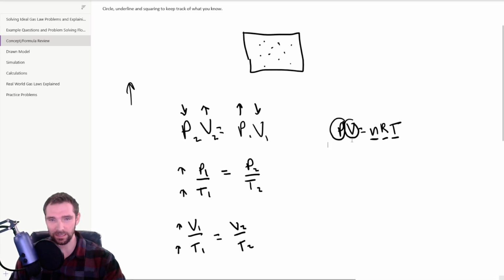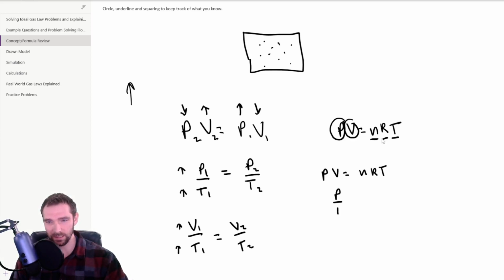We're saying, okay, if this changes, how's that going to change, keeping everything else constant? And you could rearrange PV equals nRT so that you've got T on one side if you divide both sides by T, and then you've got nR over V.